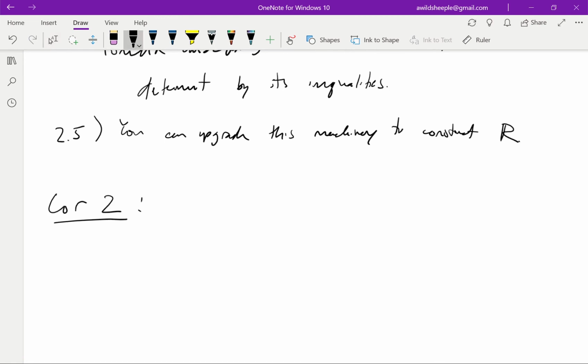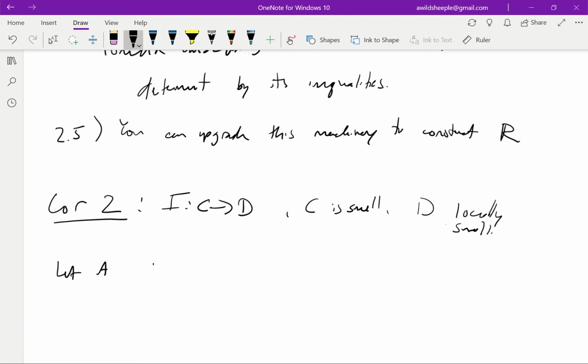And corollary 2 says the following. So suppose we have a functor f from C to D, where C is small and D is locally small. Then, if I have a presheaf A of sets on D, then we can consider the category C lower A, which we talked about in a previous video.